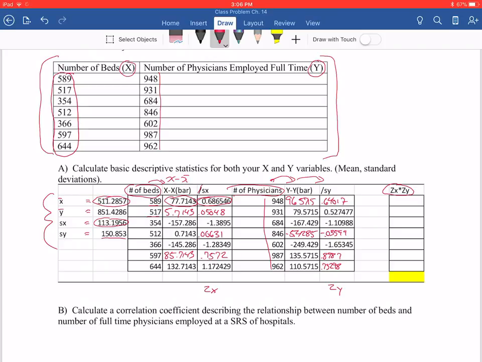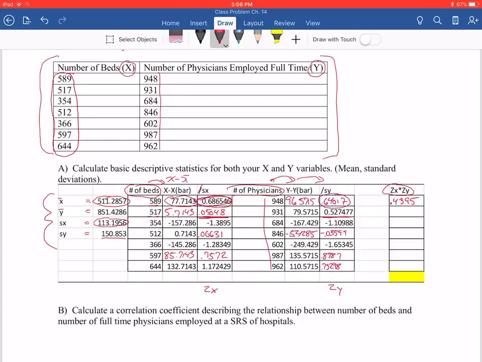We want to find our zx times zy, and the way we do it is we take our values found in this column and we match it up to the values in the other column, and we multiply them out. So we would take 0.6865 times 0.64017, and when you multiply those out, you'll get 0.4395.